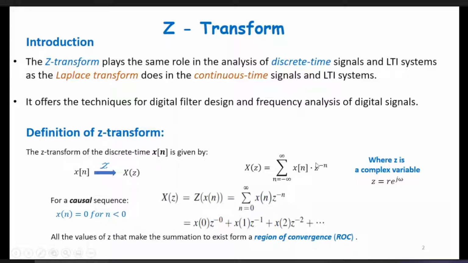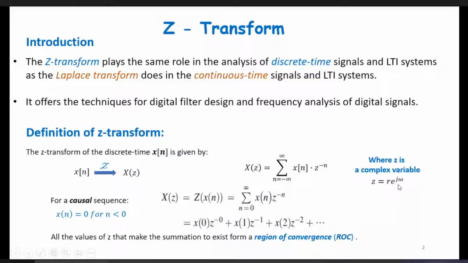Here x[n] may range from minus infinity to infinity, and for all the samples of the input signal x[n], it is multiplied with a complex variable z. Z is equal to r e to the power j omega.